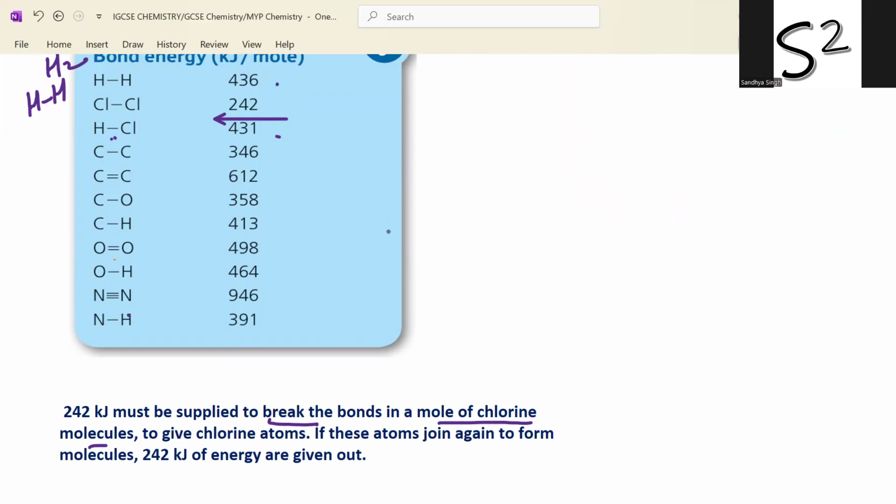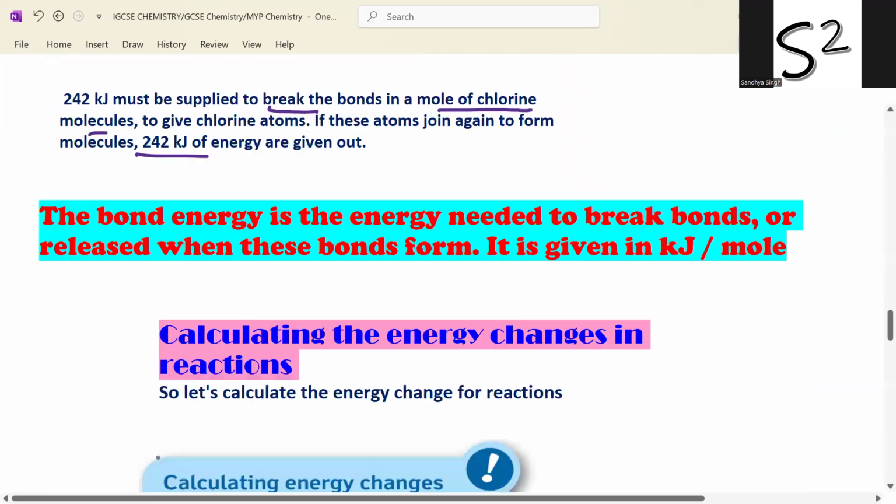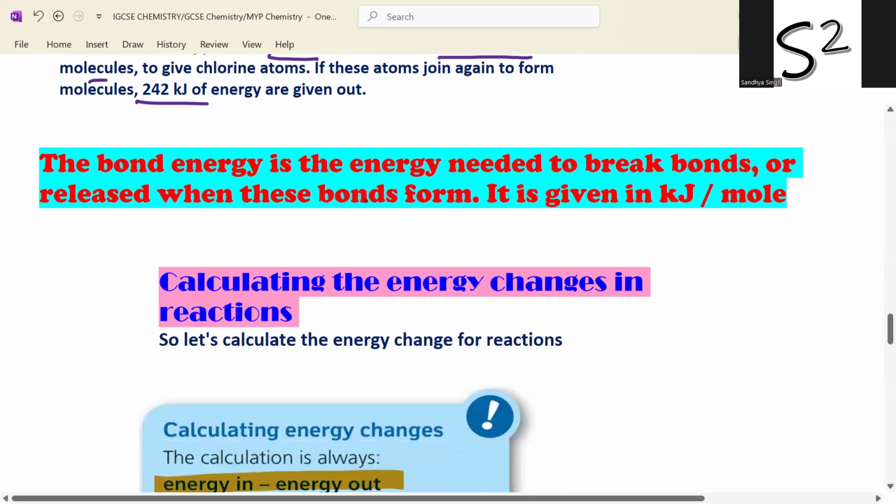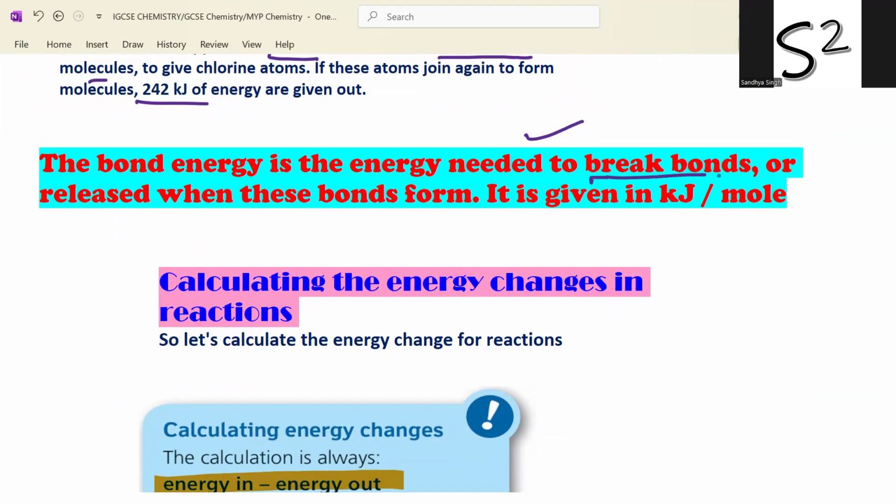If these atoms join again to form molecules, 242 kilojoule of energy is given out. So we can summarize that bond energy is the energy needed to break bonds or released when these bonds form. The same energy we need to give to break the bonds is released when new bonds form. It is given in kilojoule per mole.